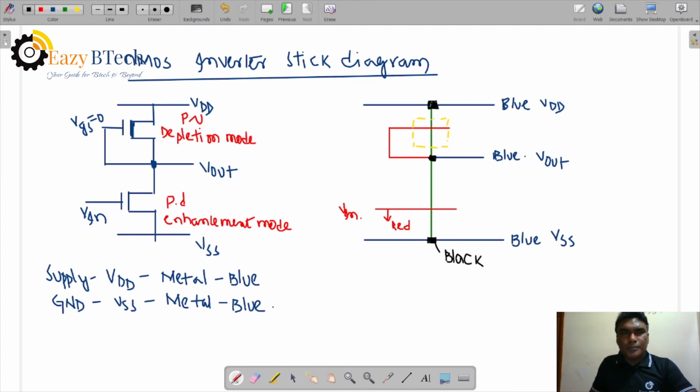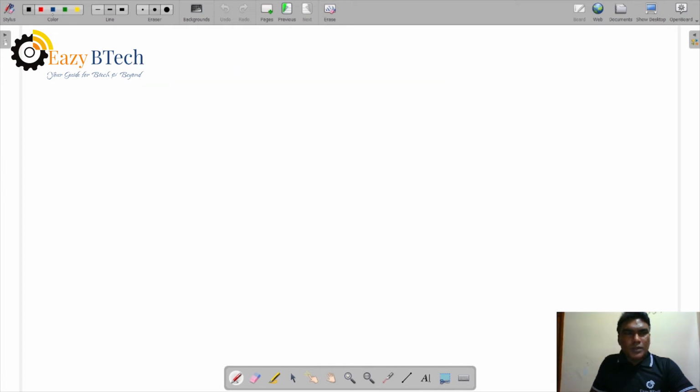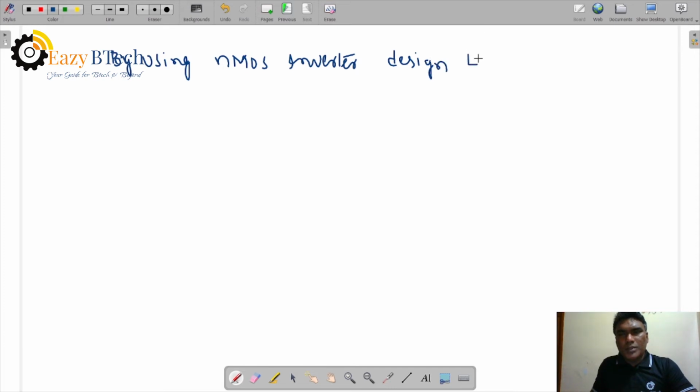Now let us see the NMOS inverter. By using the NMOS inverter, we design logic stick diagrams.